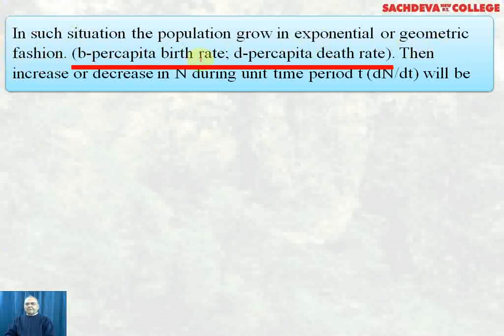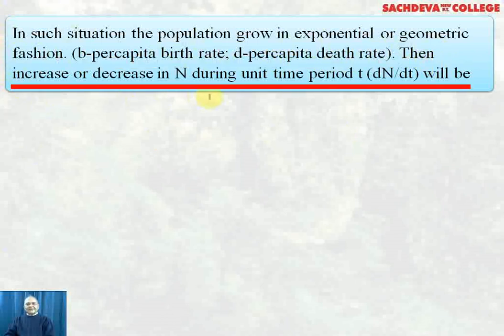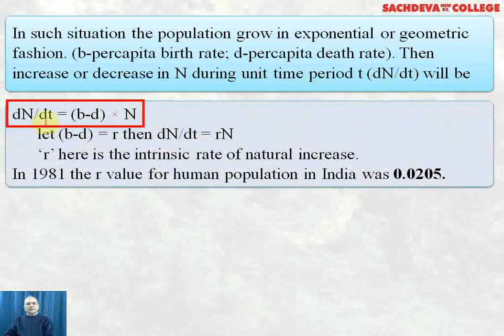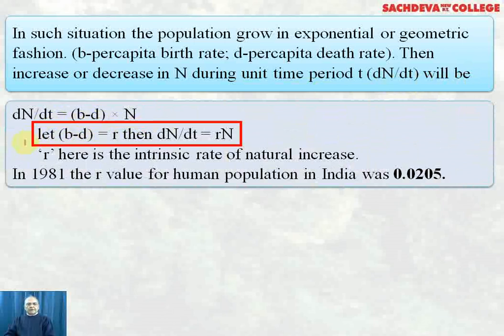If b is the per capita birth rate and d is the per capita death rate, then the increase or decrease in N during the unit time period t will be dN/dt equal to (b minus d) times N. Let b minus d equal r, then dN/dt equal to rN.